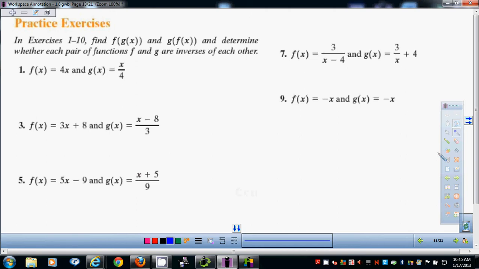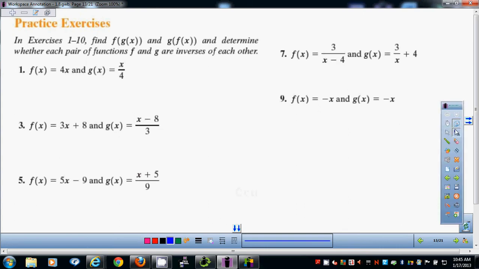So we did number 1 as the demo. What you're asked to do on all of these is compose them and then tell whether they're inverses or not. For number 1, they would be inverses because you got x and only x, nothing else.